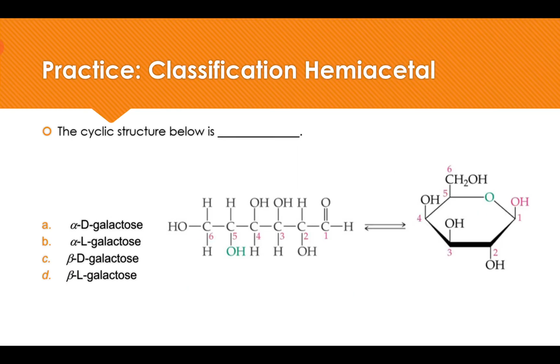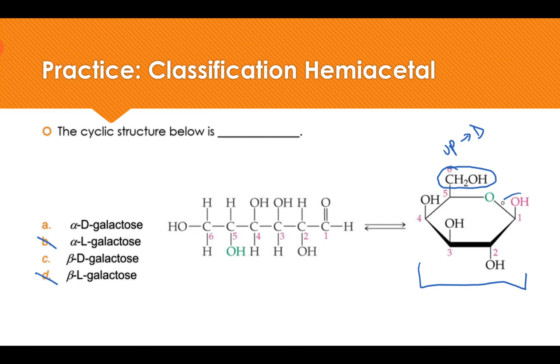Let's practice classifying this molecule. The structure is shown here, the Haworth structure here. Go ahead and pause the video and look at the structure and decide what it is. Okay, so I see this going up, and therefore it is D. And so I can cross out the L's.